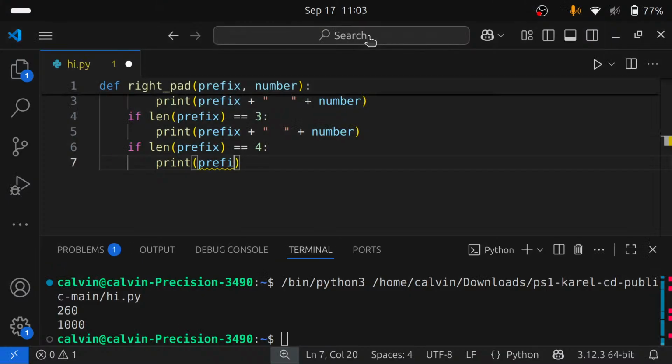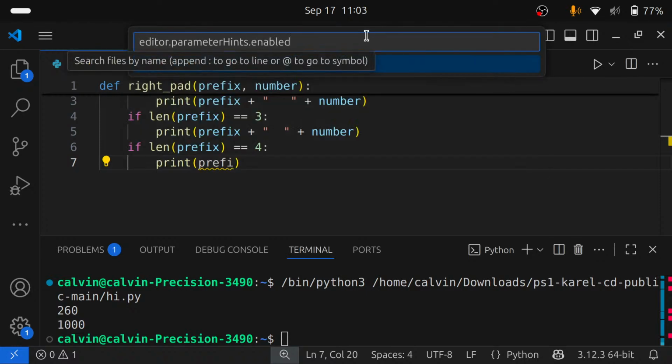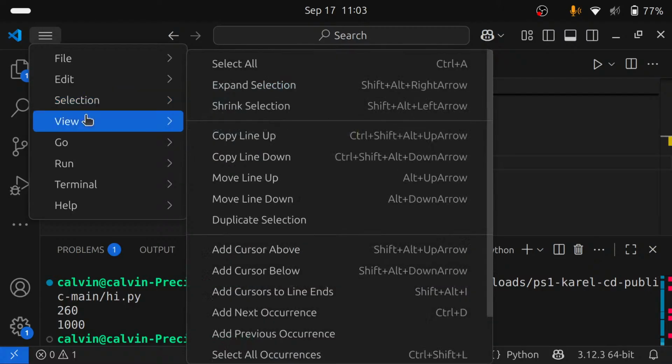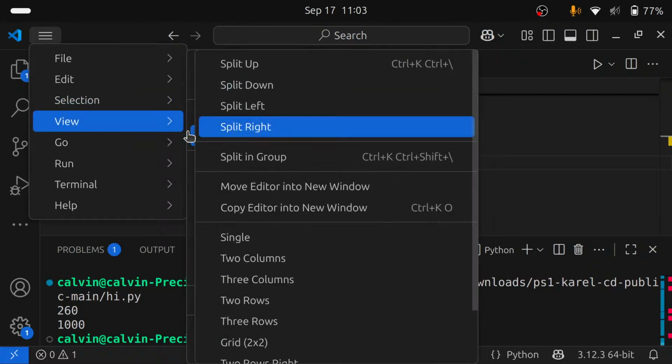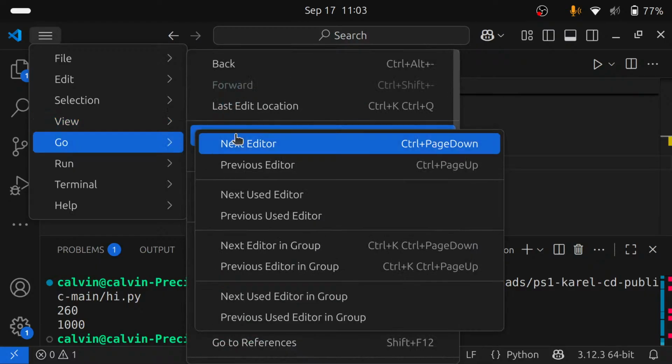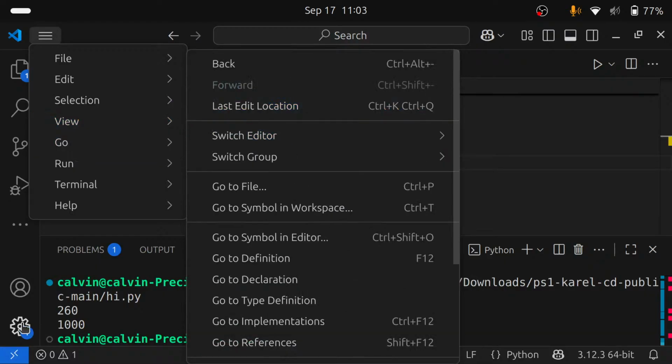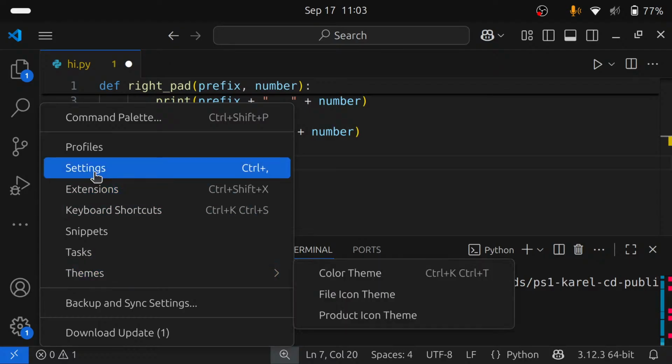Is double equals? No, it's a... Is that allowed? No matching results? It has to be in here somewhere. View? Oh, gosh. What is it doing? Oh, is it under preferences? Settings?